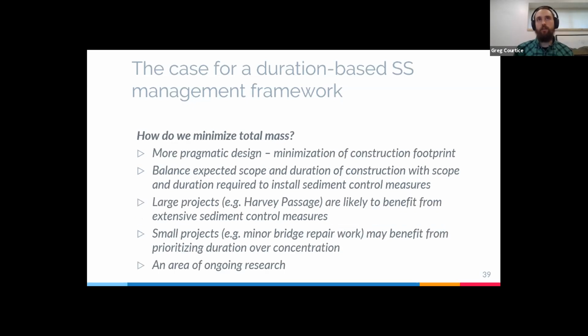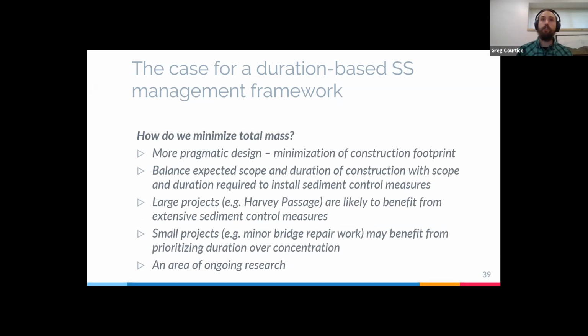So how do we minimize total mass? Well, we can consider more pragmatic design. If you have different design options, maybe choose the one that minimizes construction footprint. And also balance the expected scope and duration of the required construction with the scope and duration required to install sediment control measures.